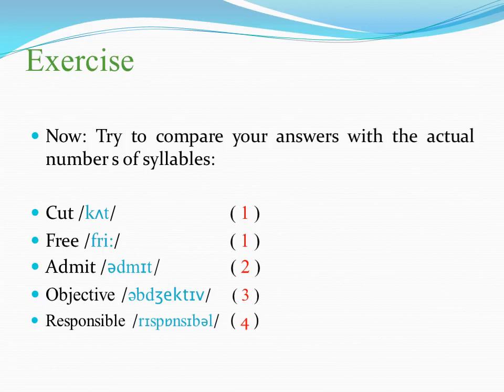Admit consists of two syllables. Objective consists of three syllables. Responsible consists of four syllables. Now you can see that a word might consist of only one syllable, or it might contain more than one syllable.